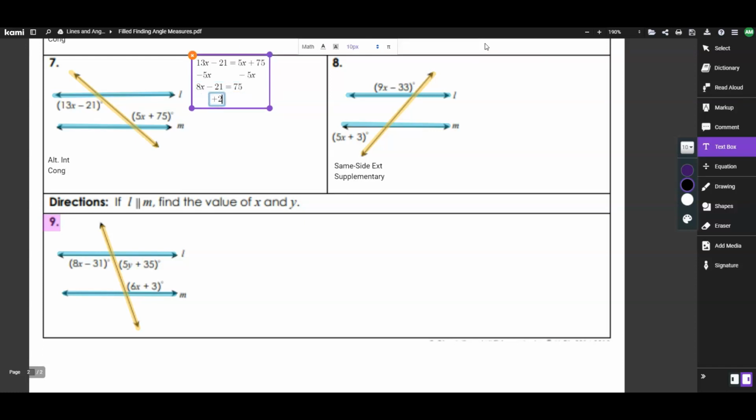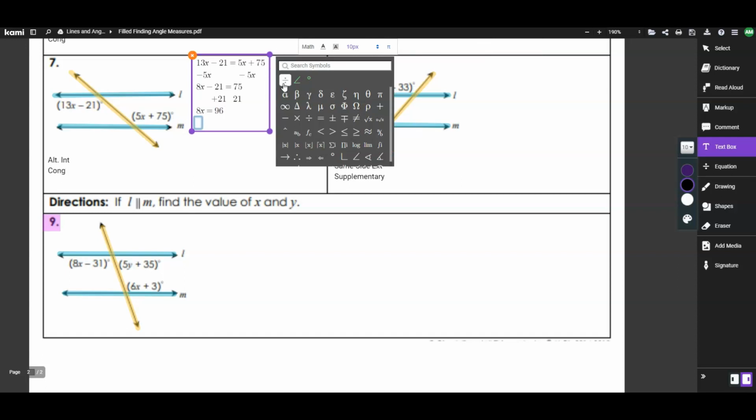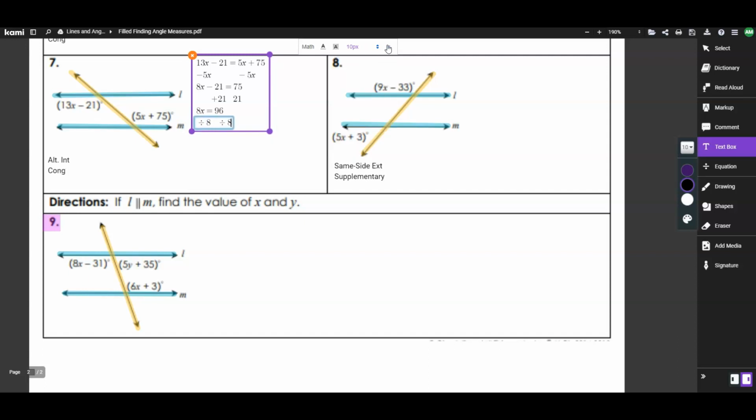I'm going to add the 21 to both sides. And that's going to leave me with 8x is equal to 96. Divide both sides by 8. And that's going to leave us with x equals 12.